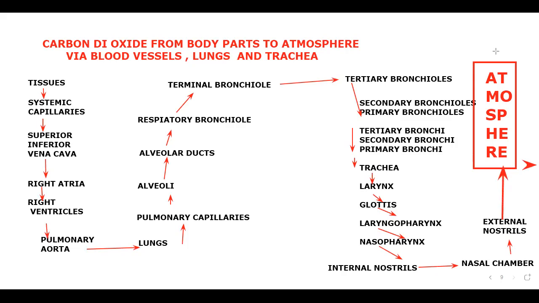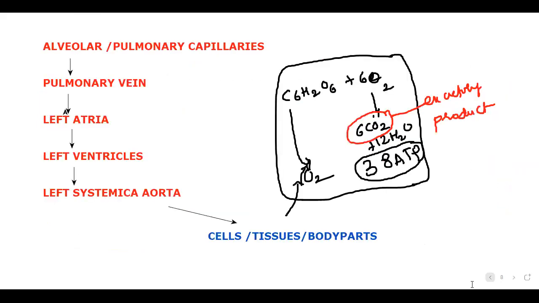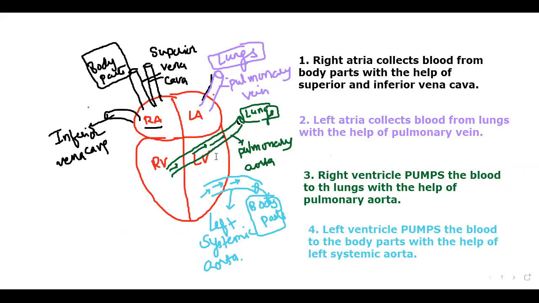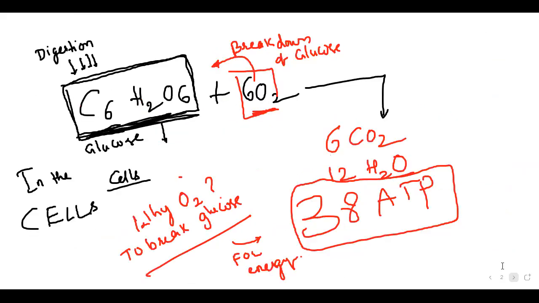So from the atmosphere onwards, it will go to different other places. So that's it. This is the basic, the chapter is not yet started. Just what we did here, we just said the pathway of the heart. Then after utilization of oxygen, what is the exact usage of oxygen.